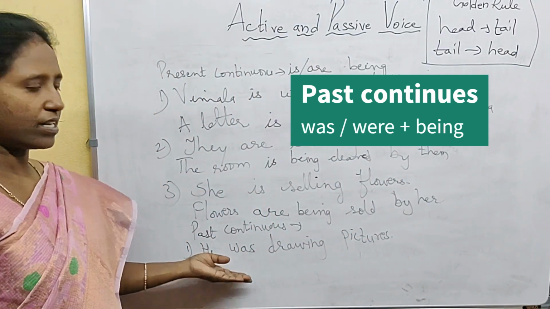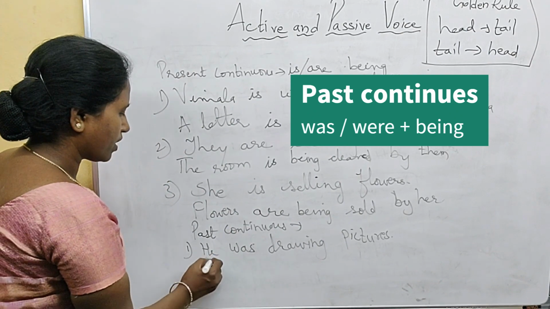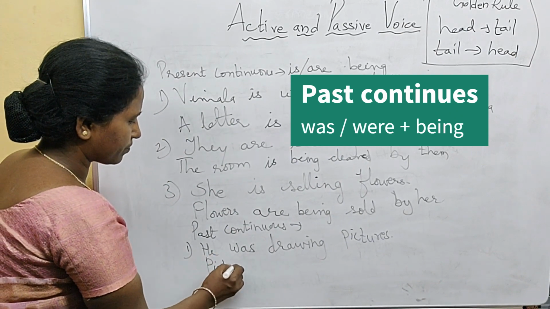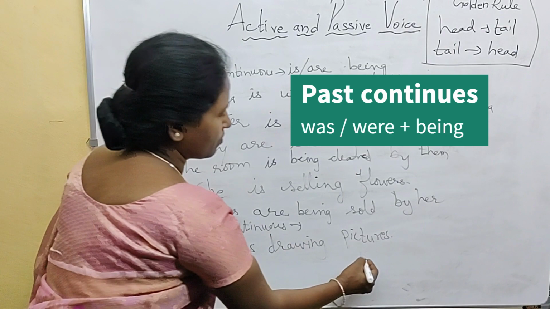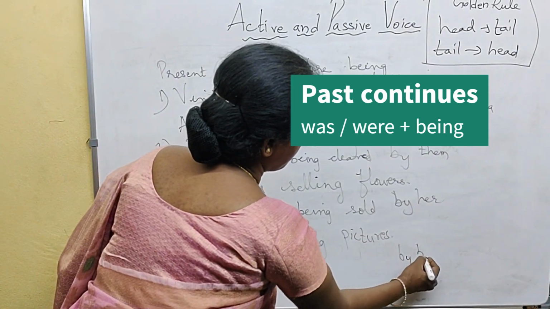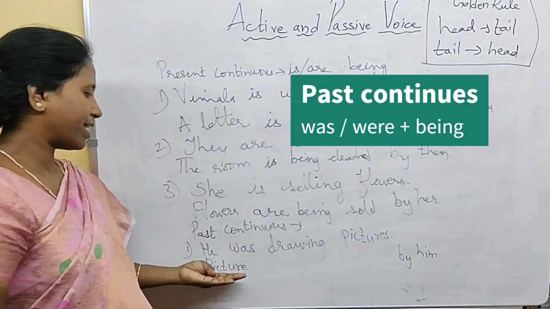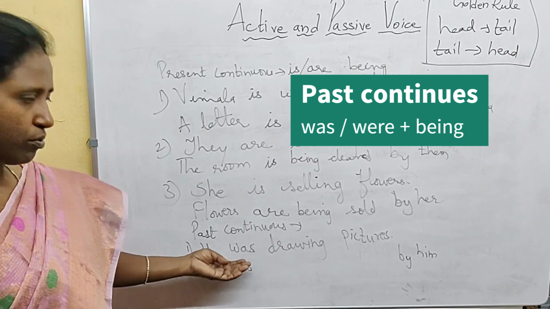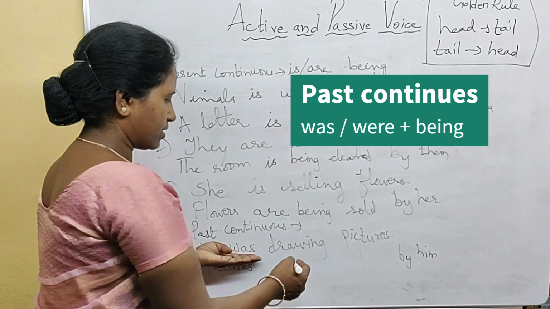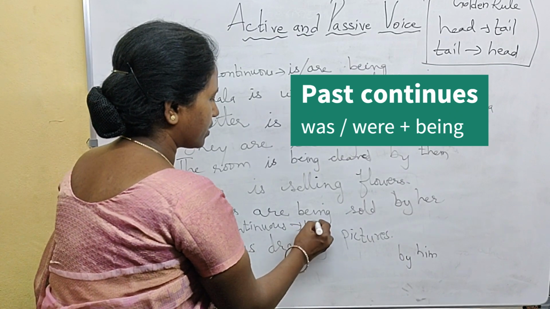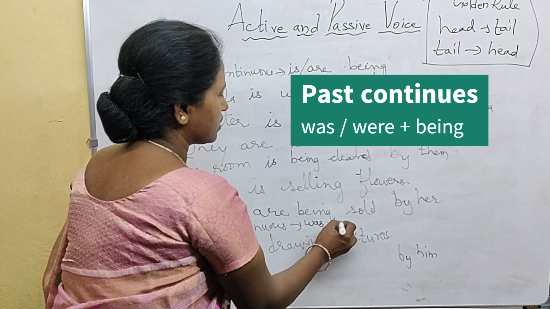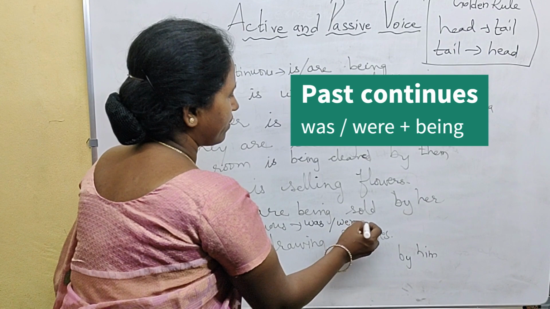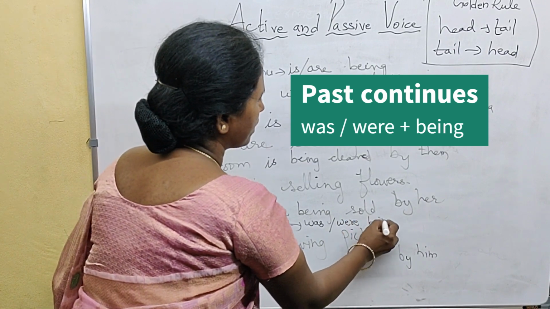If the sentence is like this, what will you do? Pictures by him. Now look at pictures. Is it singular or plural? Plural. So if you have past continuous tense, the choice is was or were being.